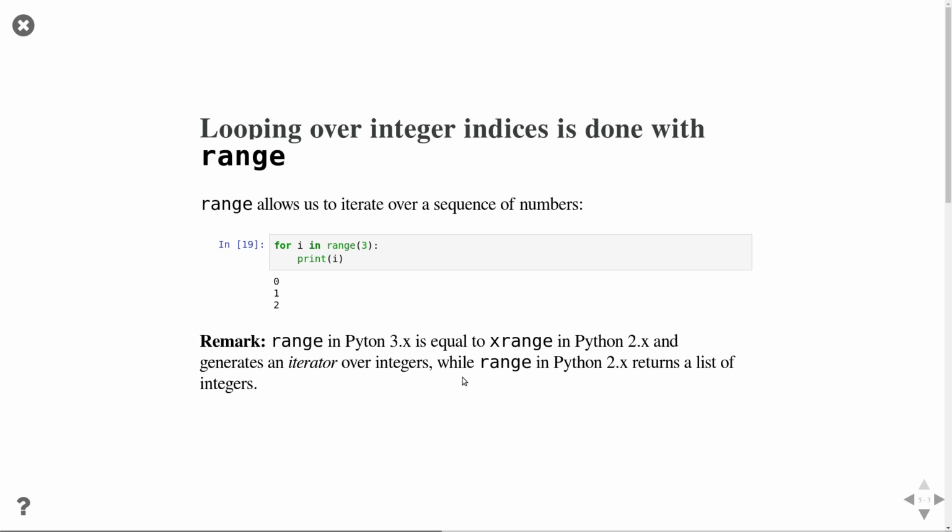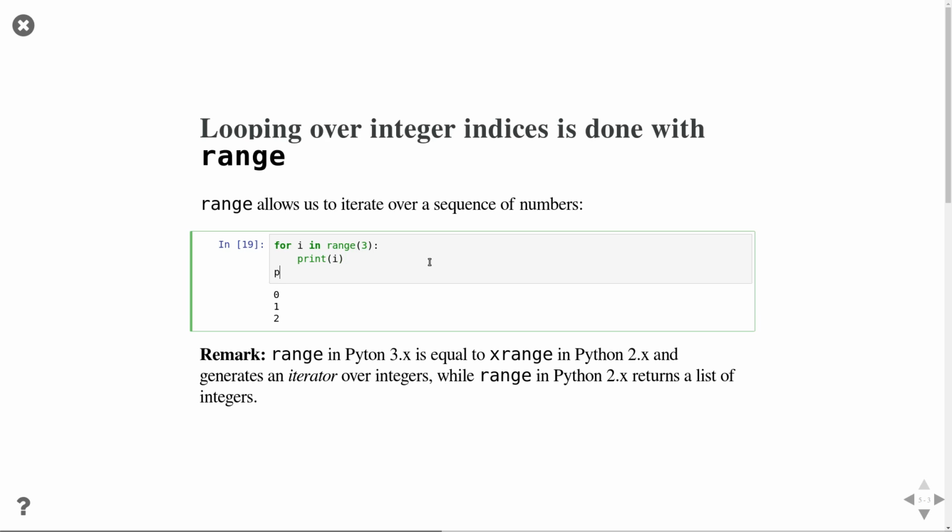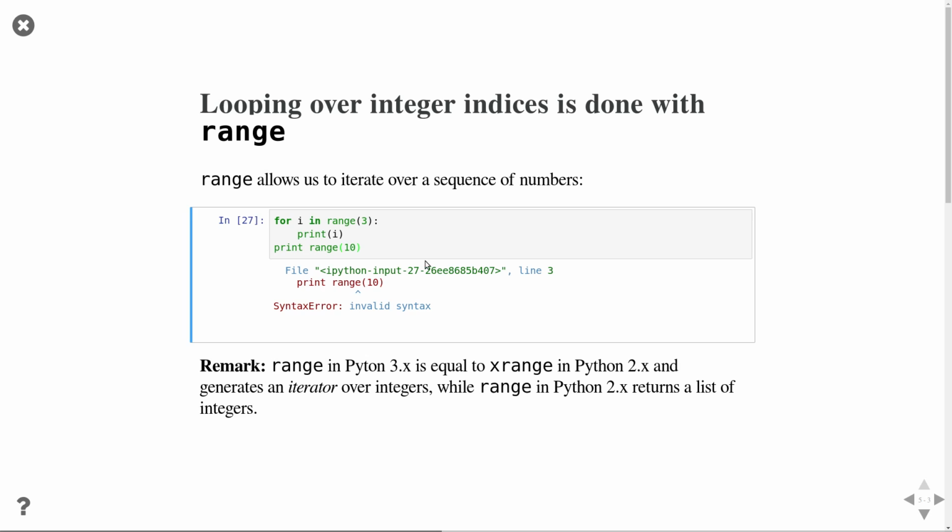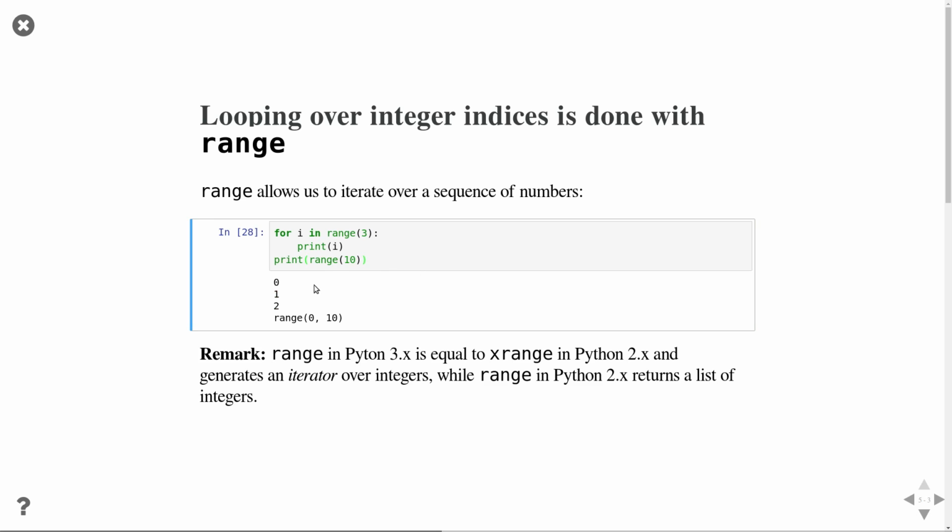So in other words, if you just do print range(10), in Python 2 this would have resulted in a list of integers ranging from 0 to 9, while in Python 3, you only get this range iterator. So this is just a technical difference between the two.